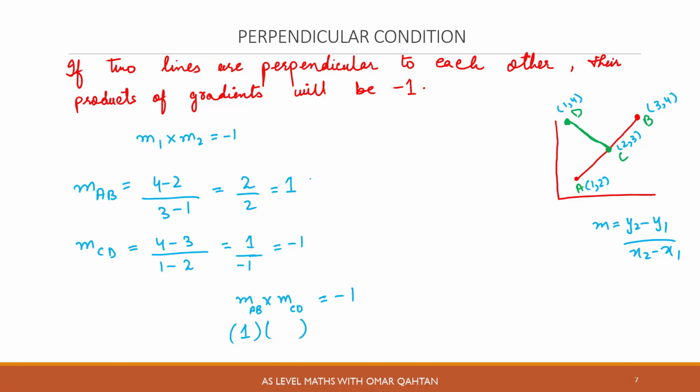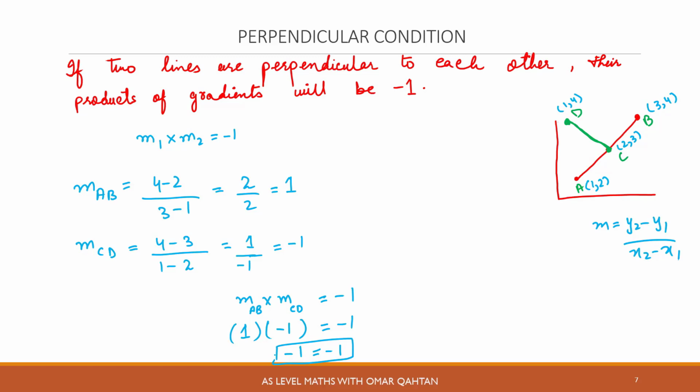So M of AB is 1, M of CD is minus 1, so the product is equal to minus 1. So hence proved, if two lines are perpendicular to each other, the product of their gradients will be minus 1, and it is proved.